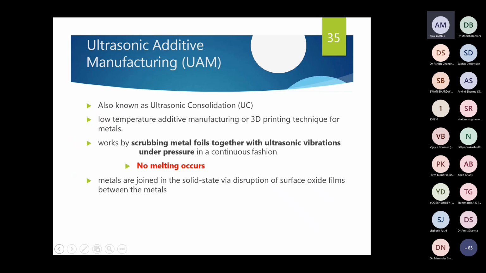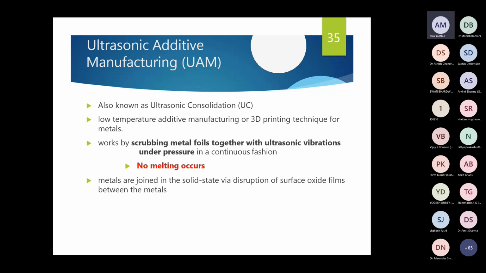Now we come to the next, ultrasonic additive manufacturing, which works on the ultrasonic principle, a low temperature additive manufacturing or 3D printing technique for metals, because we are using ultrasonic waves. It works by scrubbing metal foils together with ultrasonic vibrations under pressure in a continuous fashion.